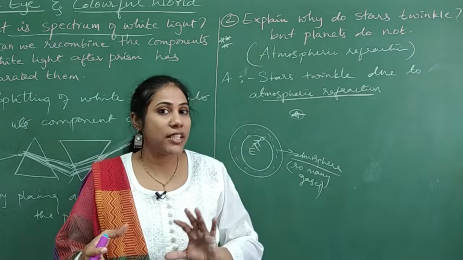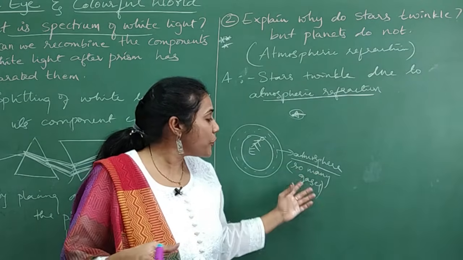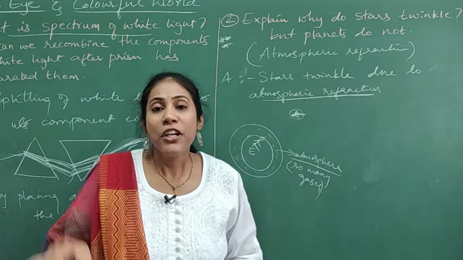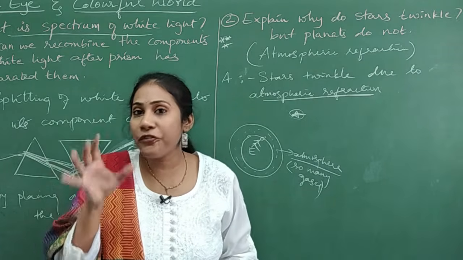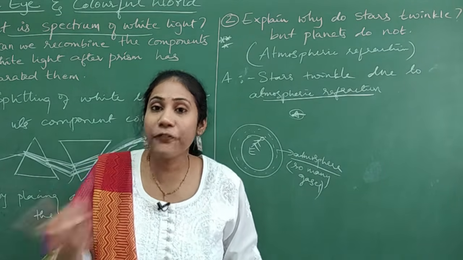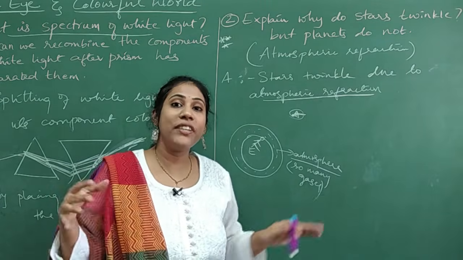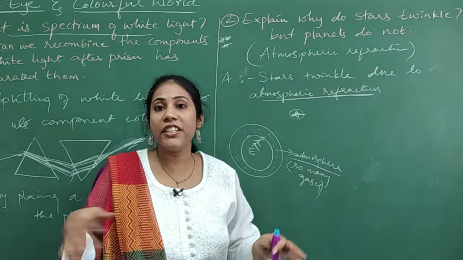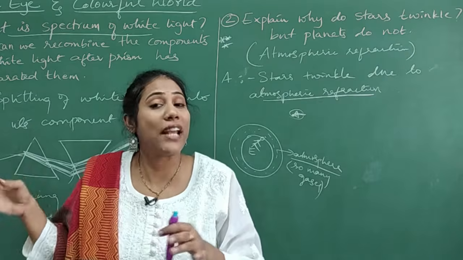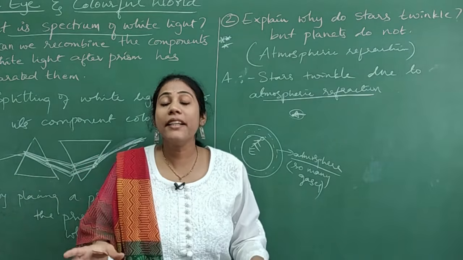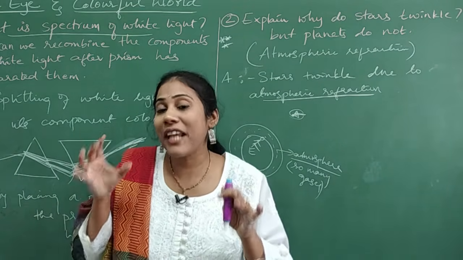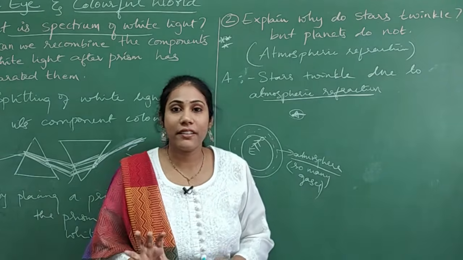And it keeps on changing. And also you have so many gases in the atmosphere. So all of them will refract the light in a different way, because each and every gas nature is different. Each and every gas has its own refractive index value, right? So the way they refract the light is also different, right?